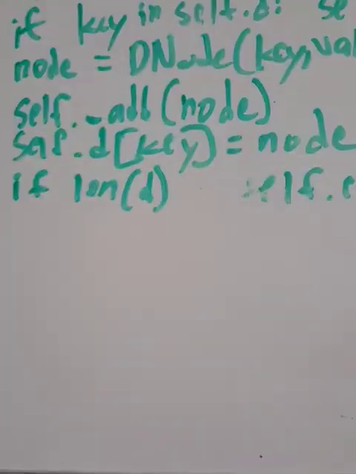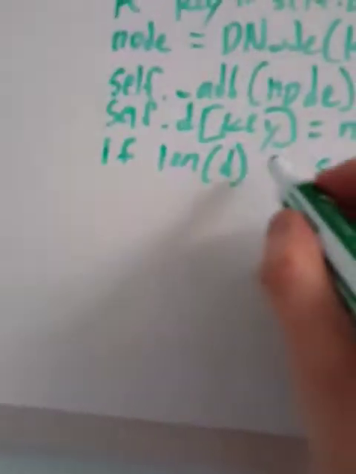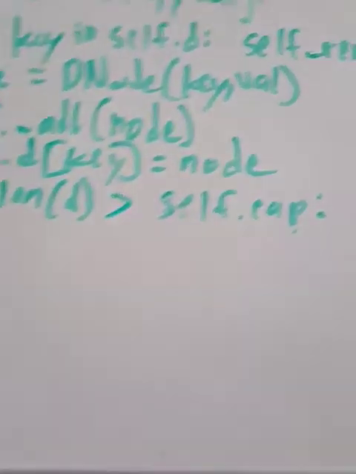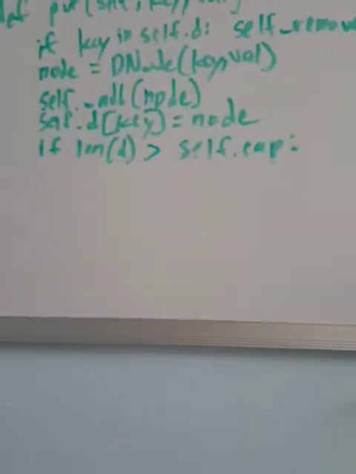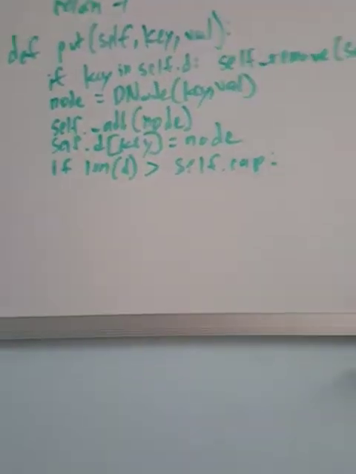So not equals equals. If length of d is equal to 2, we can have 2, so no, greater, yeah. So if cap was 2, then if the length of the dictionary was 3, that is when we would remove, right?